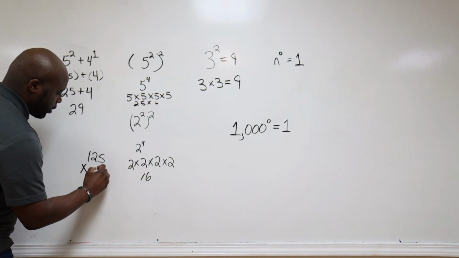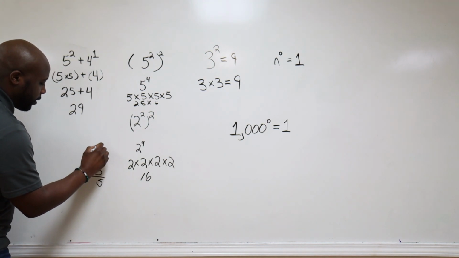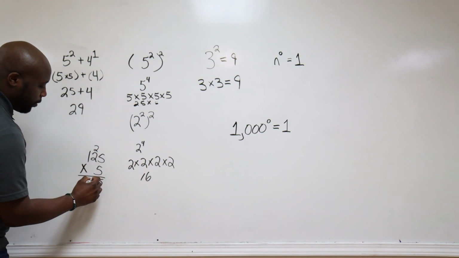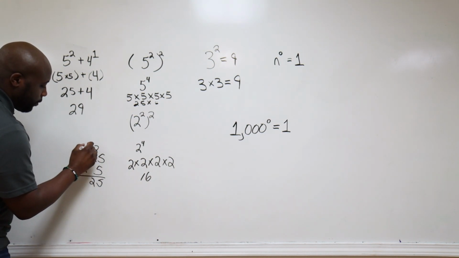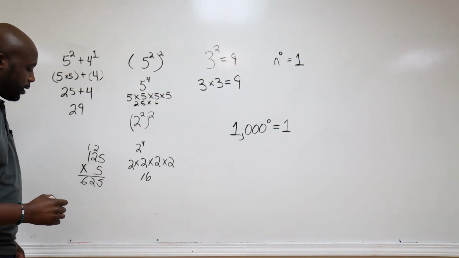So just to show you, 5 times 5 is 25, carry the 2. 5 times 2 is 10, plus 2 is 12. Carry the 1. 5 times 1 is 5, plus 1 makes 6.